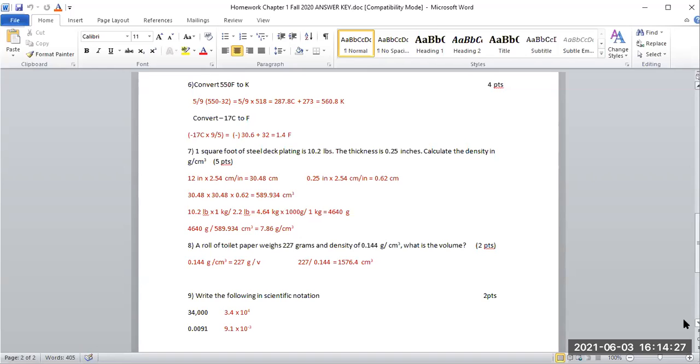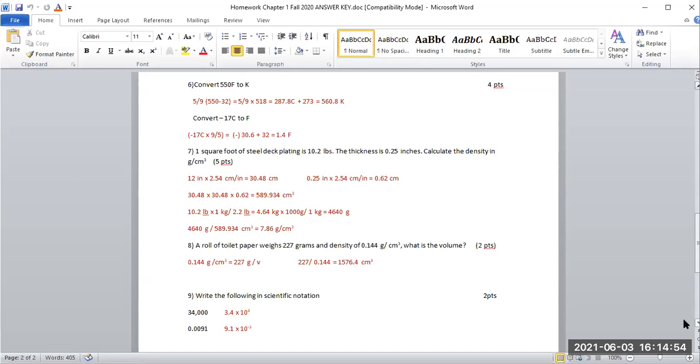I had a few answers that were in the hundreds of grams per cubic centimeter and a few that were in the thousands of grams per cubic centimeter, which is kind of neutron star level density. So think about the realism of the numbers that you are examining.